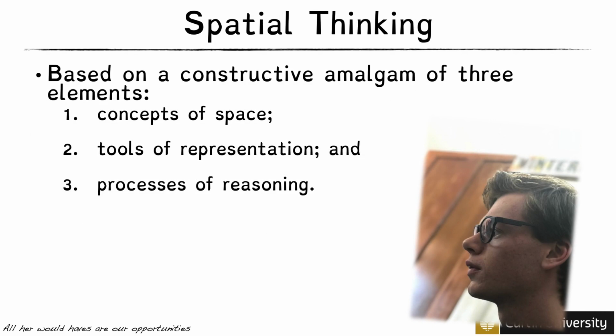in a spatial manner. Now, spatial thinking is based on a constructive amalgam of three elements: concepts of space, tools of representation, and processes of reasoning. It is the concept of space that makes spatial thinking a distinct type of thinking.